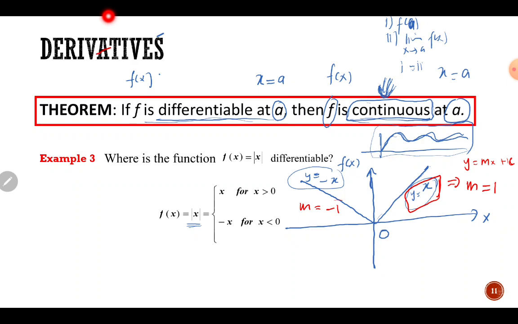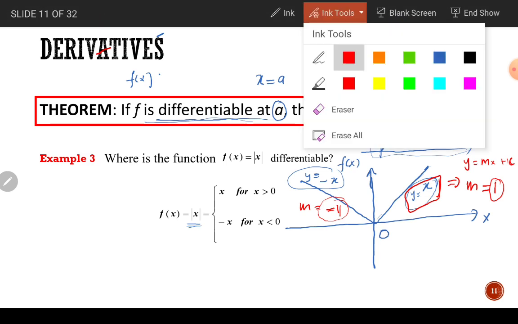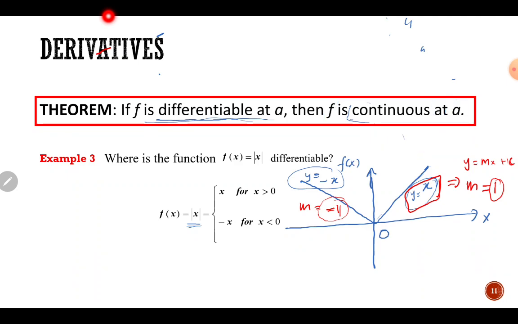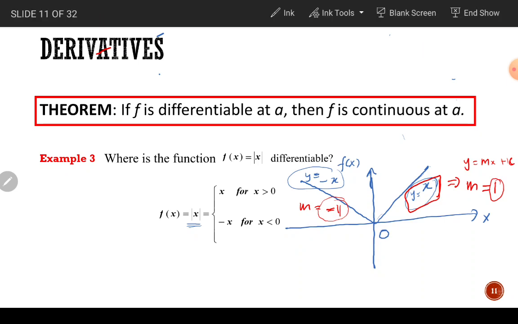So for your information, m equals 1 is actually the derivative of x, and the derivative of negative x is negative 1. Don't believe it? If you don't believe it, you may try to find the derivative of f(x) using the definition, not yet the formula, because we have not discussed the formula. We are going to discuss it very soon, after we have completed this slide.